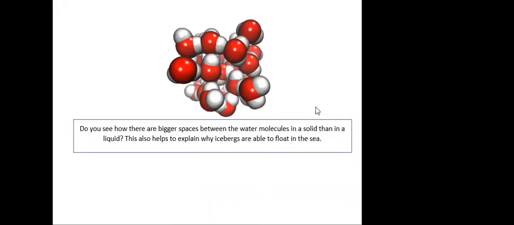But if I look at the molecular structure of liquid water, I see that. What do you guys see now? Tell me about the spaces. Yes, it's tightly packed. Isn't it tightly packed? There's not enough room to move. Excellent, Chloe. I love that. So it's tightly packed and there's not enough room to move.